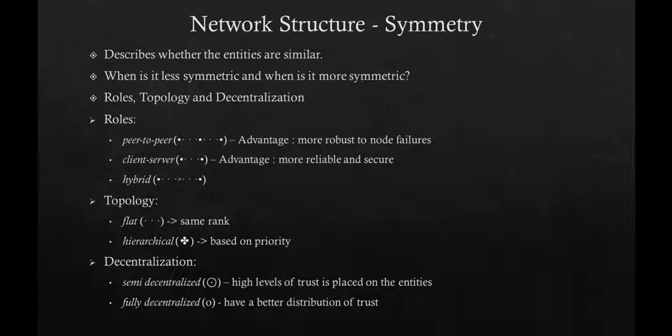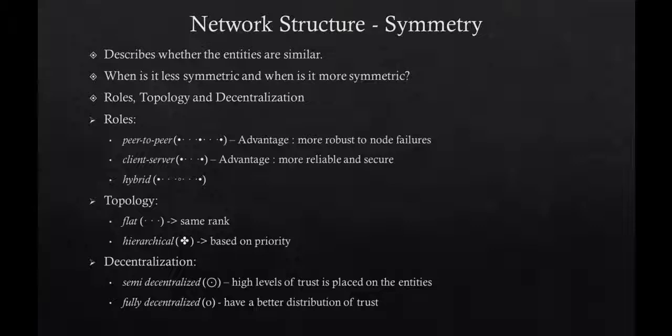Decentralization is the degree of decentralization for non-routing services. Semi-decentralized includes one or a small number of entities to perform routing, so a high level of trust must be placed on these entities.